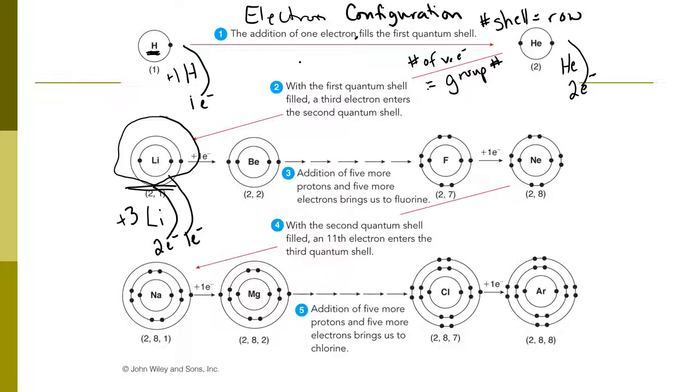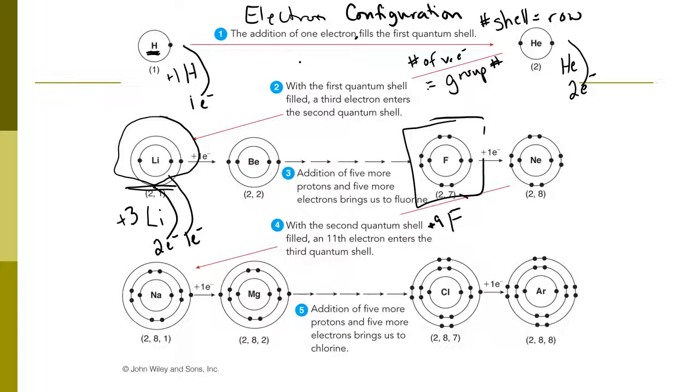Okay, keep going. We're going to jump just a little bit. Let's go ahead. We can look at fluorine. Looking at the periodic table, it has 9 protons. So I have 9 electrons then to mess with.